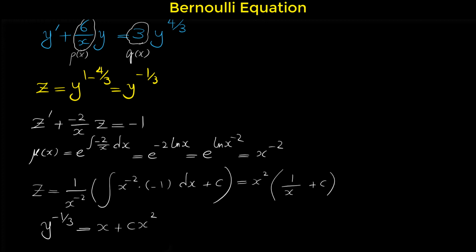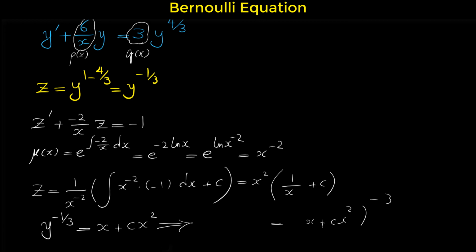And finally, if you want to write the solution explicitly, I mean if you want to write y as a function of x explicitly, you have to try to get rid of this negative 1/3 power. How can we get rid of the power negative 1/3? If we raise both sides of this equation to the power of -3, the inverse of this, -3 multiplies by this and they cancel each other, so y remains.